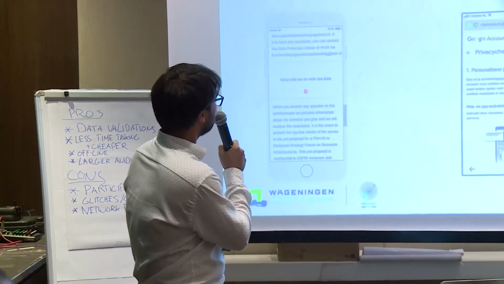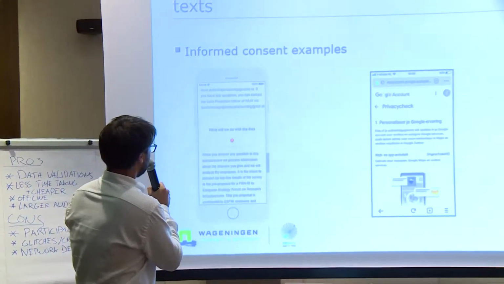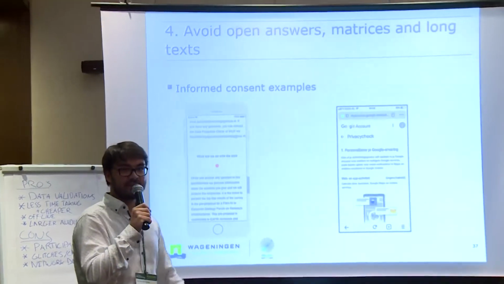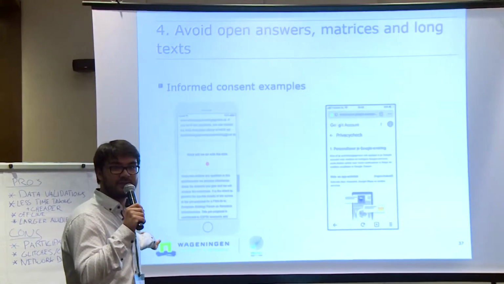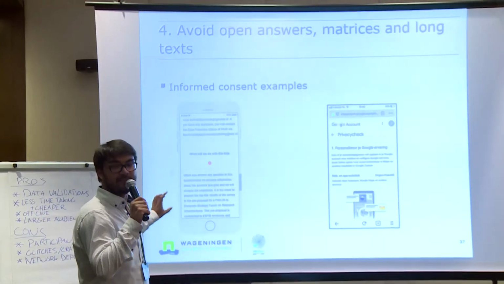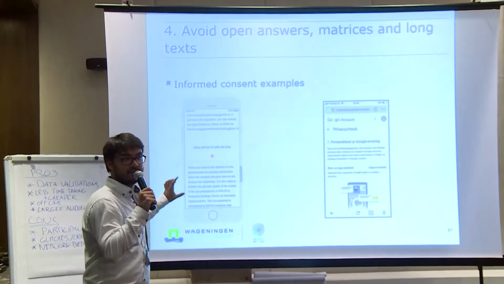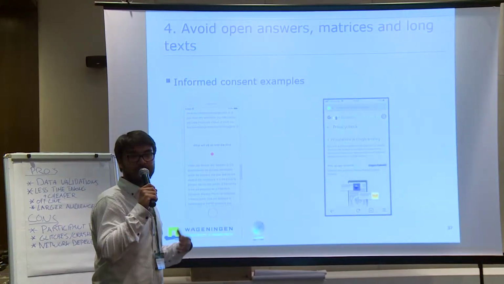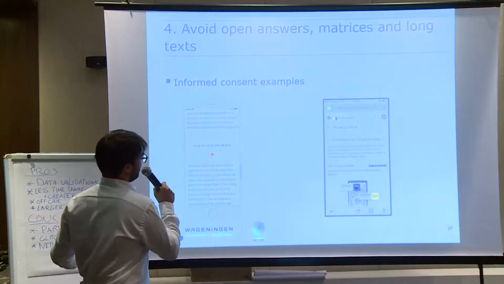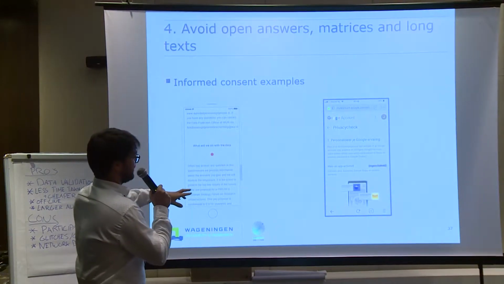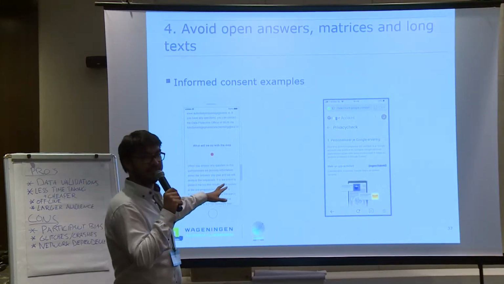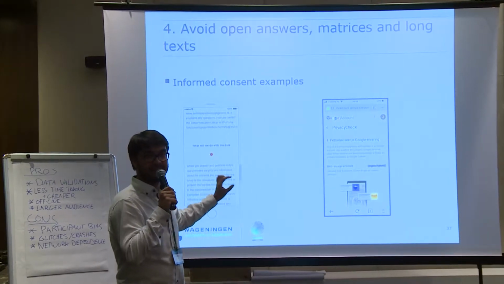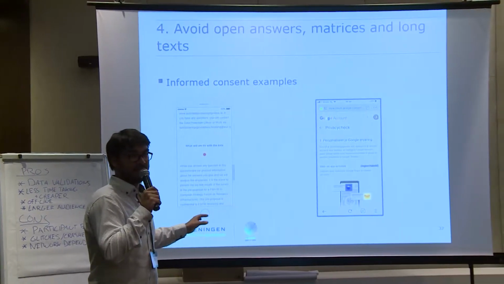So to avoid open answers, matrices and long text: on the left side is a standard informed consent form that we use at the university. It didn't fit on the picture, as you might have seen in your own studies. It's very long. On the right side, I gave an example of the Google version. They managed quite well to make it easier and understandable.